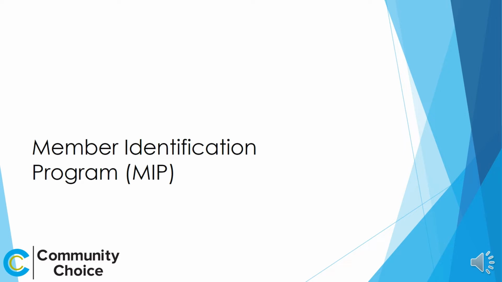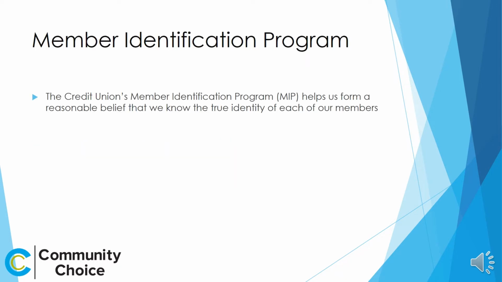Let's start with Community Choice Credit Union's Member Identification Program. Our Member Identification Program allows us to form a reasonable belief that we know the true identity of each of our members.